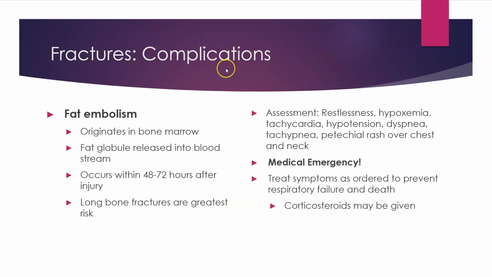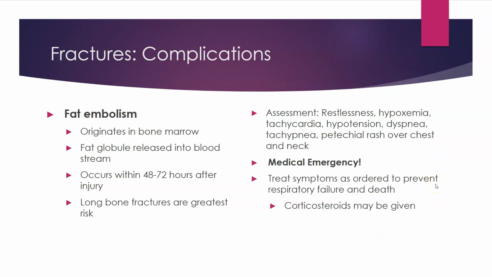Other complications for fractures: fat embolism, especially in the long bones like the femur. If they break that, they can get those fat globules released in the bloodstream, and of course that can cause pulmonary embolism and different stuff like that. If they've got this, they can be really restless, have hypoxemia, tachycardia, hypotension, dyspnea, all these kind of bad things.